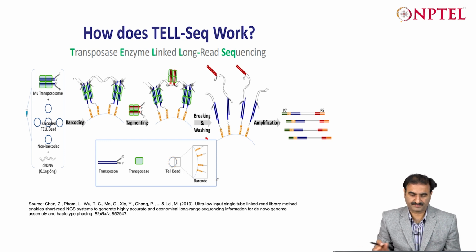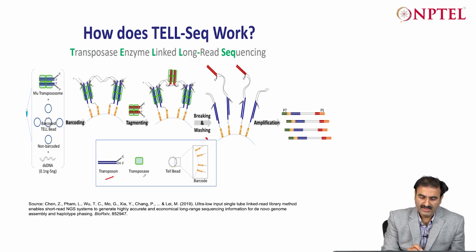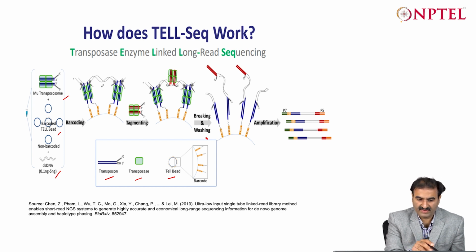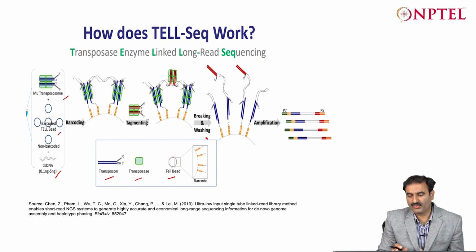So it works like this. There is a transposon, a transposase, and a Tell bead with the barcode. The transposome, the bead, and the DNA are taken together, which leads to the DNA being captured and barcoded, and then segmented. After it is broken, it is amplified and you get the linked reads, or the reads with the inserts.